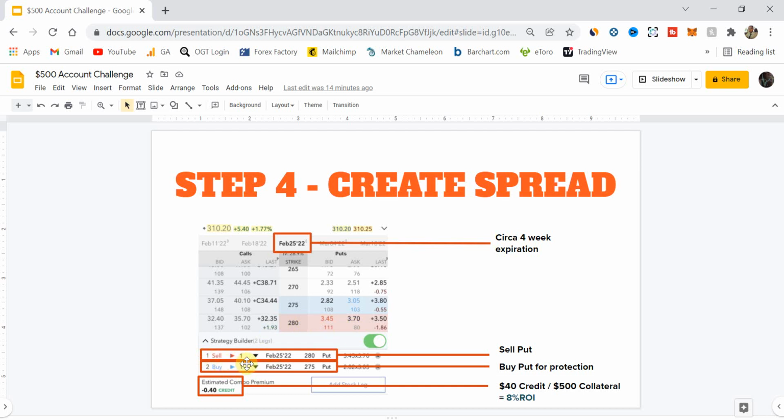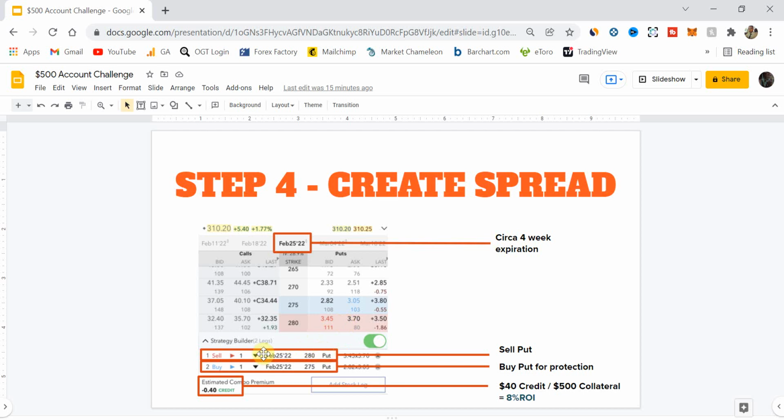I want to sell one contract, and again, you can pick as many contracts as you want, expiring February 25th at the 280 strike. And over here, you've got the bid and the ask and the last price. So basically, you'll be receiving a net credit of somewhere between $345 and $370.